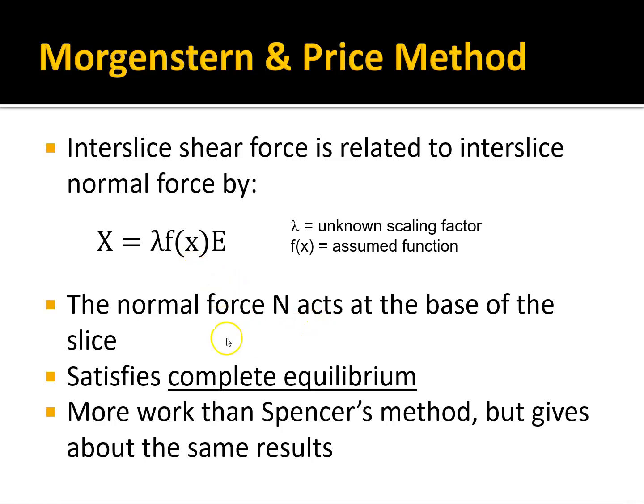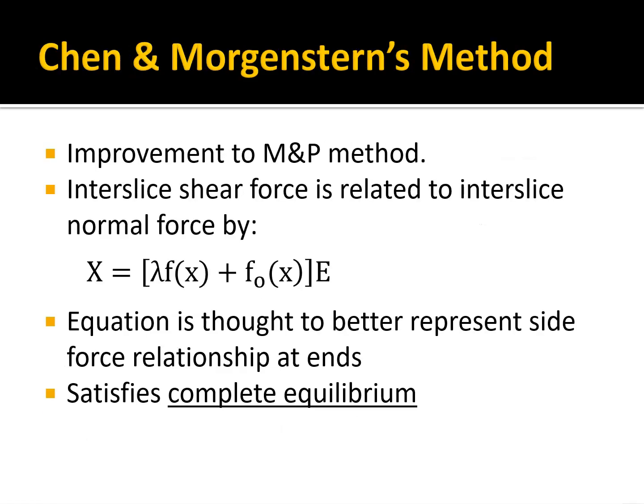And the normal force acts at the base of the slice, satisfies complete equilibrium. It's more work than Spencer's method, and it gives about the same results. Hence, people generally use Spencer's method.